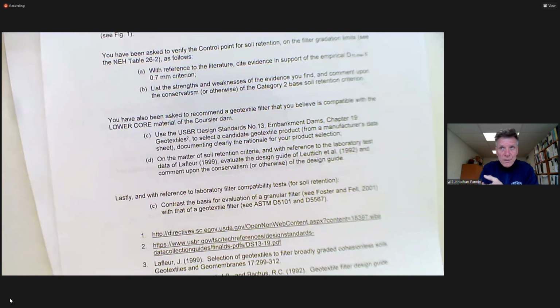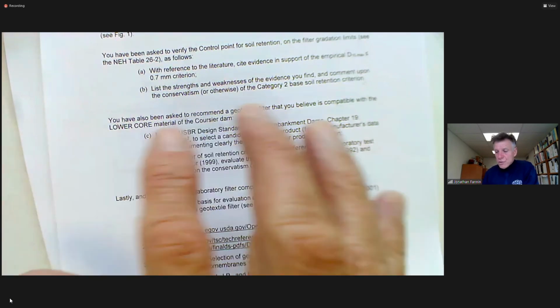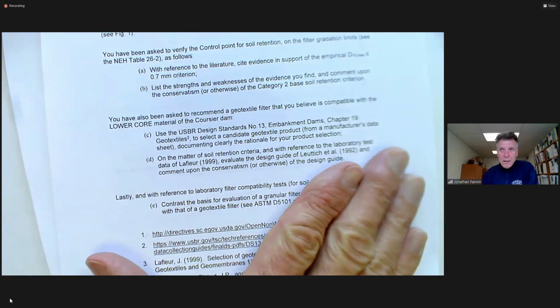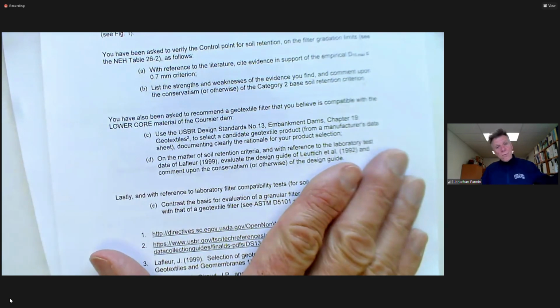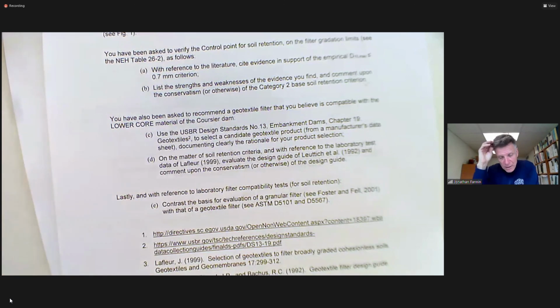And then if you had to embark on elements of testing to verify a design recommendation, what tools or techniques, what test methods, and how might we interpret them? So that's the learning objective, or the culture of this deliverable. And it's a different culture to the deliverable on the reinforced soil assignment. Please see this change in culture that we're going through from the first half of the course to the second half of the course.